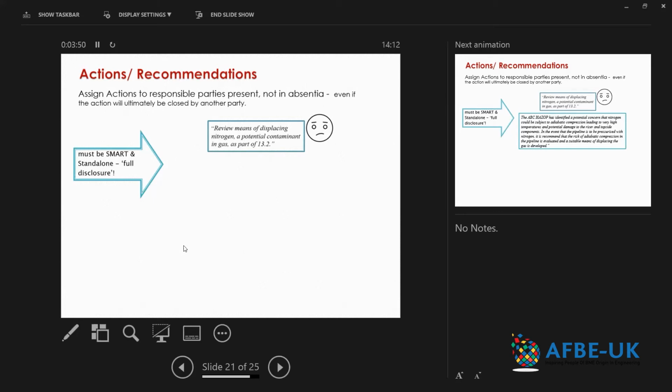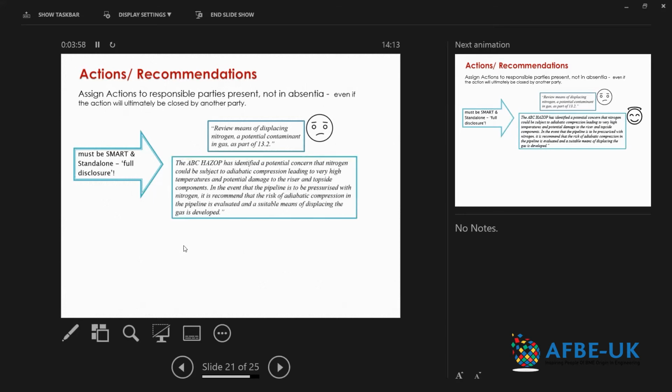Even if you had been at that HAZOP a week ago, you might hardly be able to understand or remember what this is referring to. You want to be saying this as your action: the ABC HAZOP has identified a potential concern that nitrogen could be subject to adiabatic compression, leading to very high temperatures and potential damage to the riser and topside components.